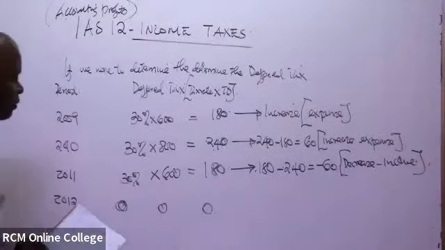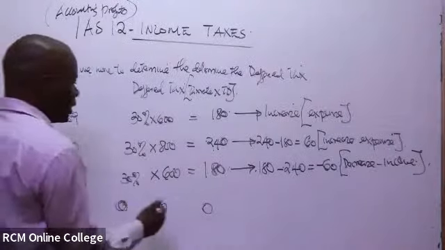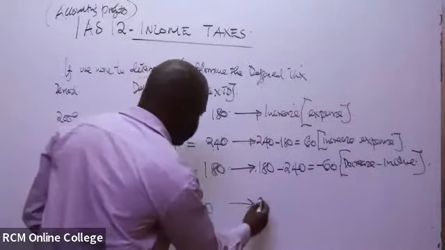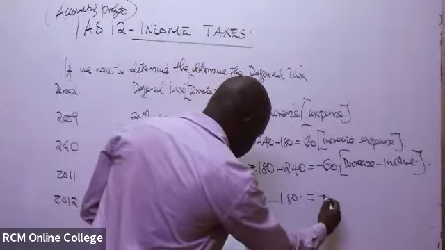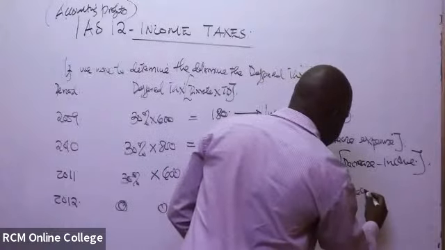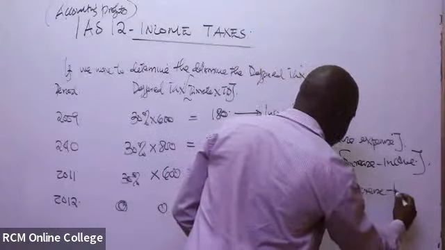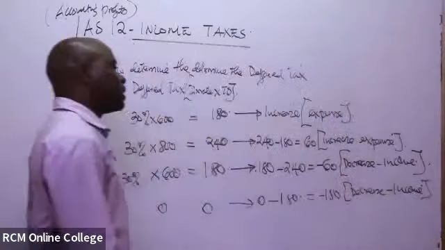Then in the very final year, it was 0, but you closed with 180. So it will be 0 minus 180, a negative of 180. Still, it is a decrease, which you also treat as an income.